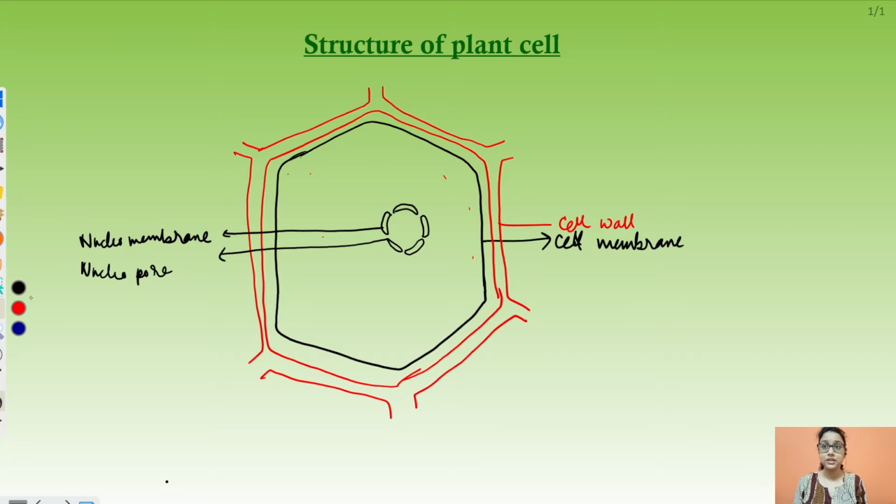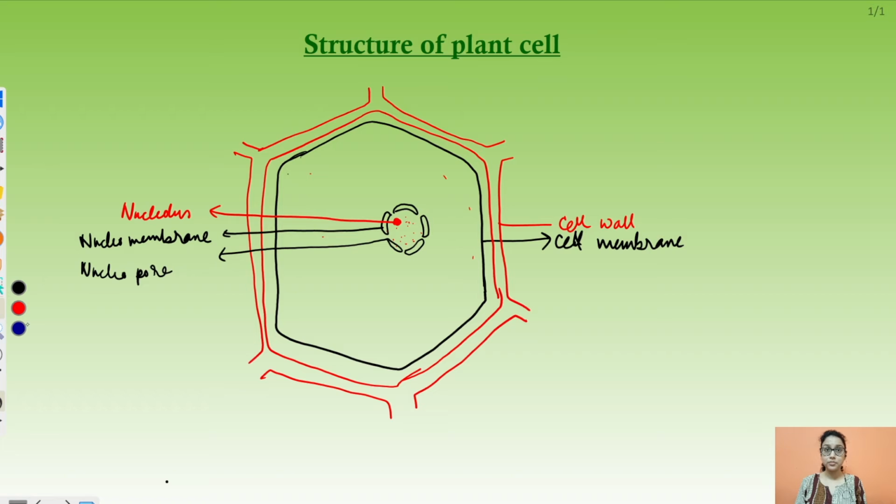Inside this nucleus, there is the presence of a large nucleolus. This is nucleolus. And inside this nucleomembrane, there will be the presence of nucleoplasm.